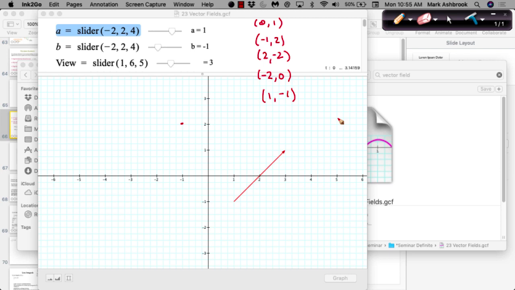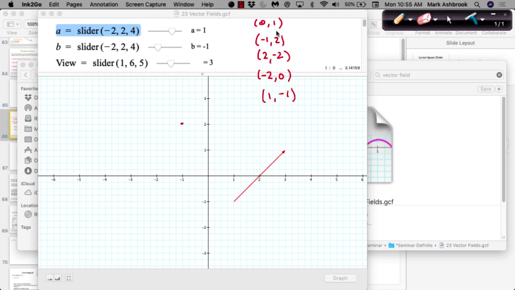Can you write the formula for this vector field? Do you want me to show one of these again?